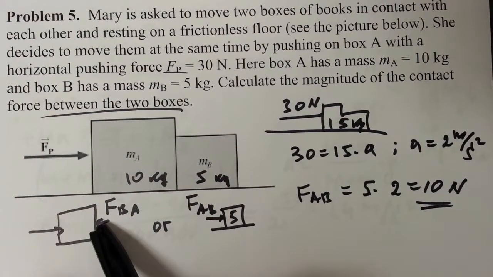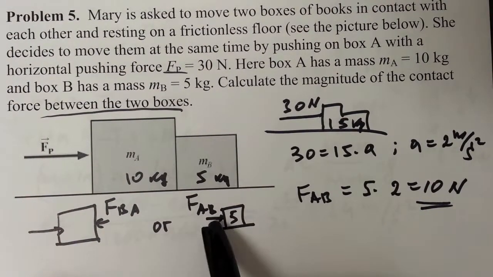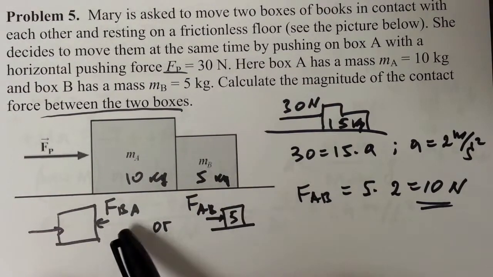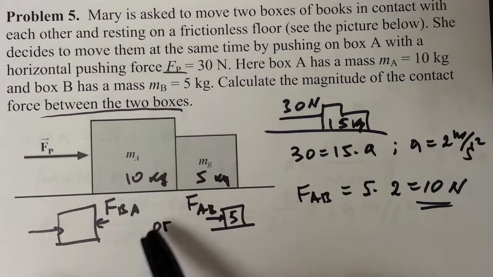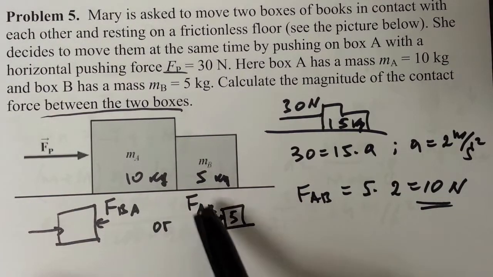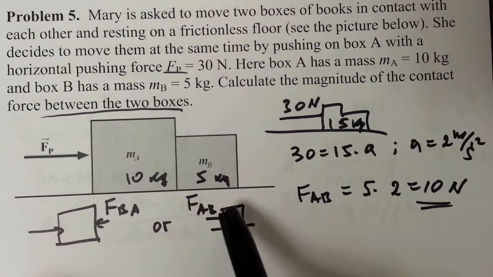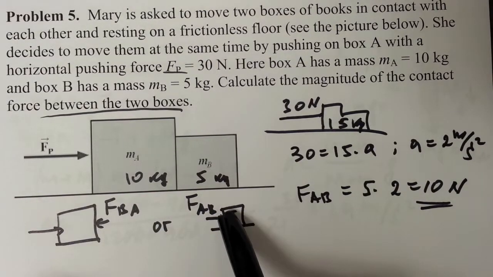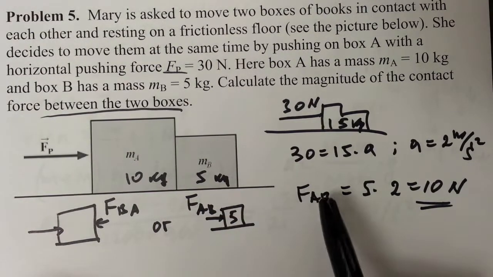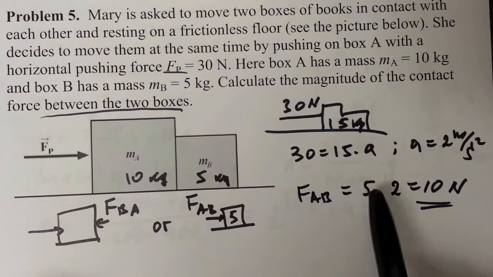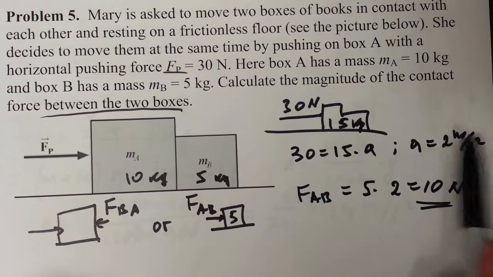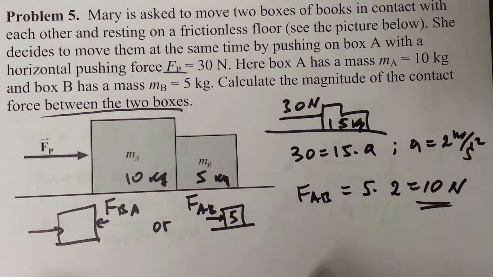So this is the force from B on A, this is the force from A on B, and according to Newton's third law, they have the same magnitudes, opposite directions. So we can calculate this, we can calculate that, doesn't matter. Calculating this is easier. So the mass of this is 5, the acceleration of this guy is the same, 2, 5 times 2 is 10.